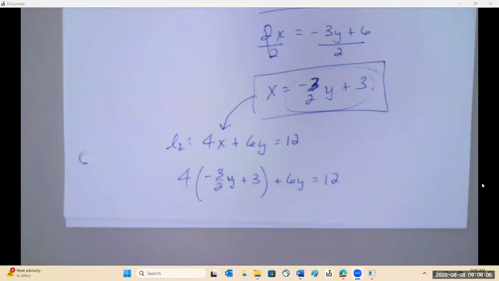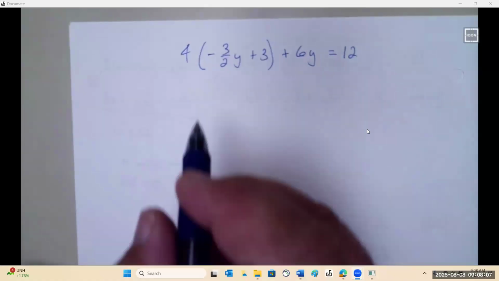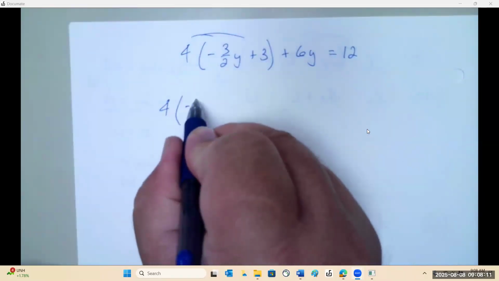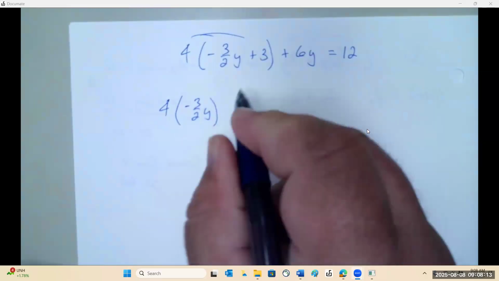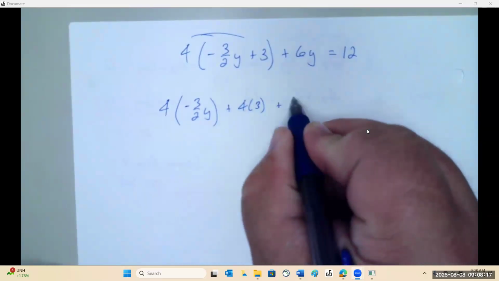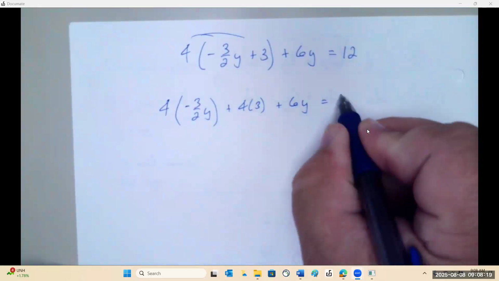Go ahead and work that out. Distribute the 4, so we have 4 times negative 3 over 2 y plus 4 times 3 plus 6y equals 12.